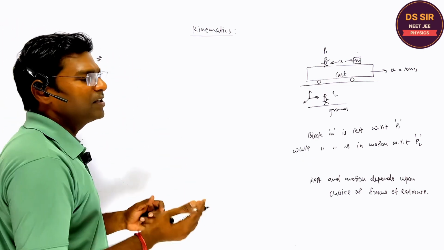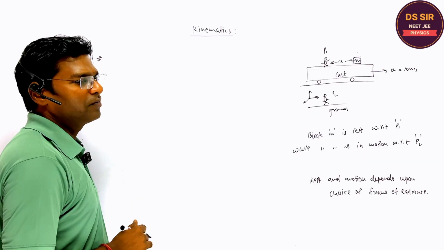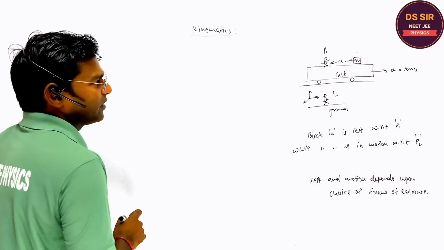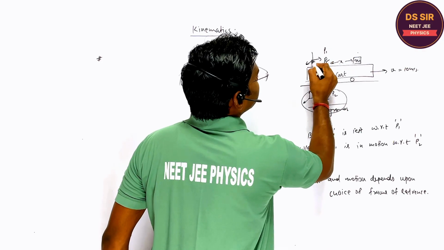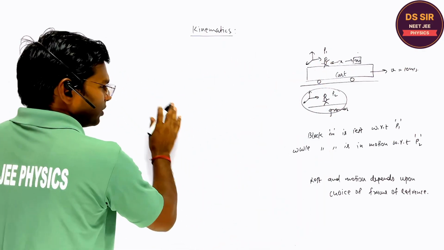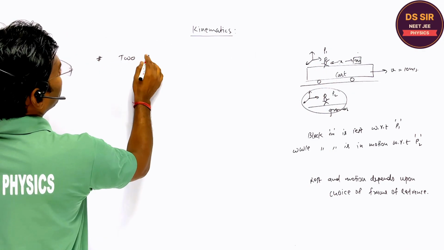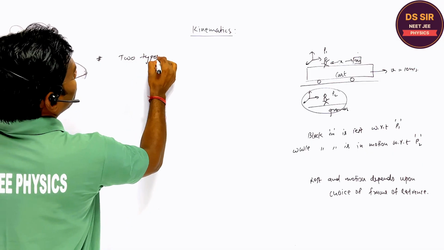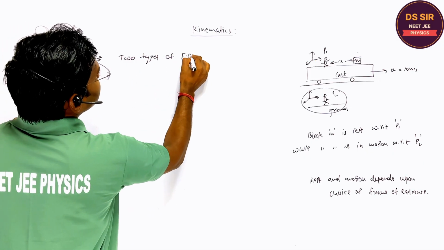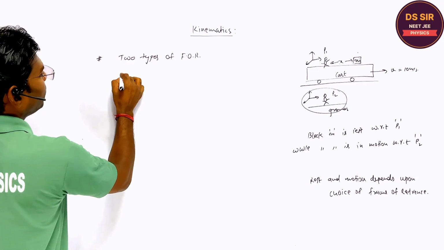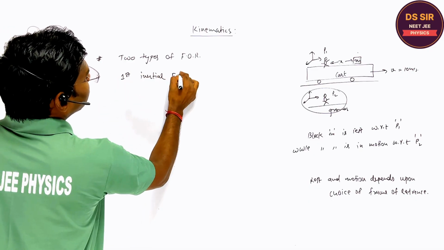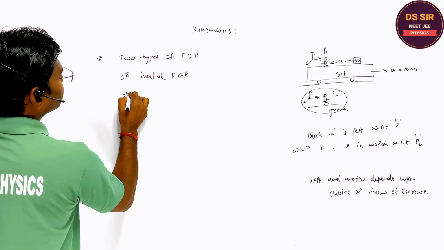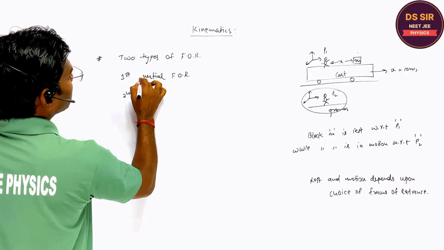The frame of reference with respect to which we observe the motion of the body is called the frame of reference. Here the frame of reference is the ground, here the frame of reference is our cart. The two types of frame of reference we are going to discuss: first is the inertial frame of reference, and second is the non-inertial.